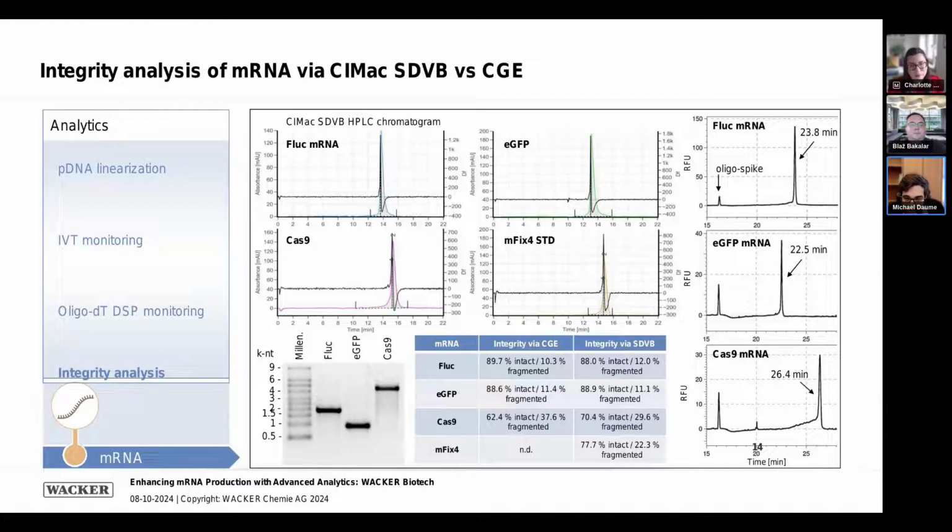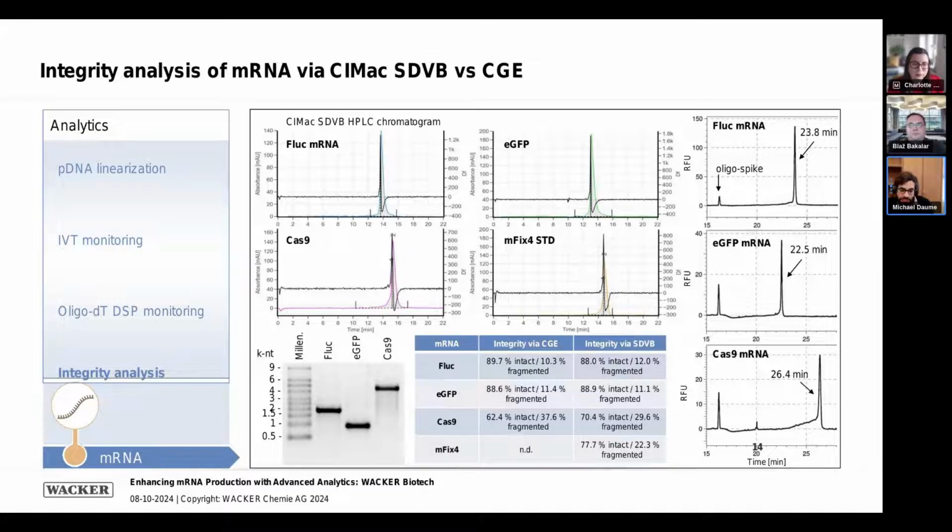So it describes the maximum slope of the absorbance signal. And this is a tool integrated into the PATfix software to determine where you have to draw the line between the fronting and the main peak. So the fronting is basically fragmented RNA, the main peak is your full-size RNA.